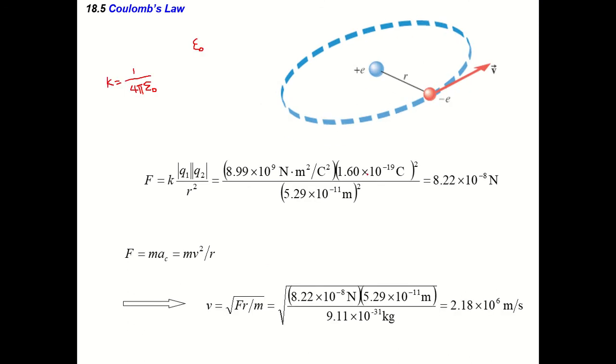So 8.85 times 10 to the minus 12. When you substitute this here, the unit is coulomb squared per newton meter squared.